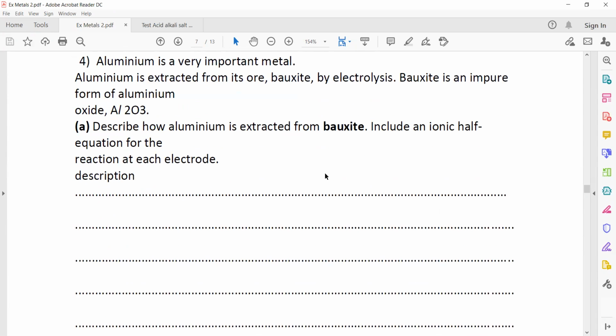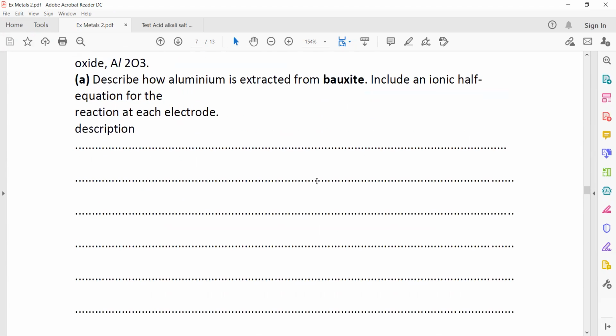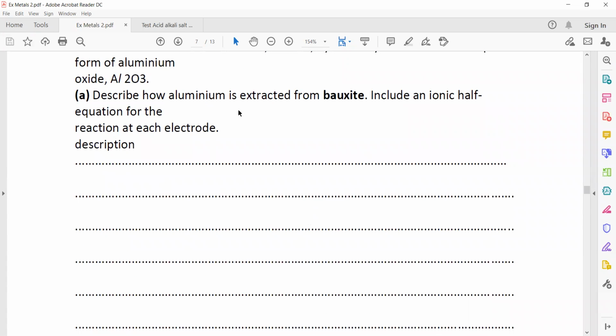So you can mention the whole process, the complete process, but note the distribution of the marks. First what we do, for example, we add sodium hydroxide.